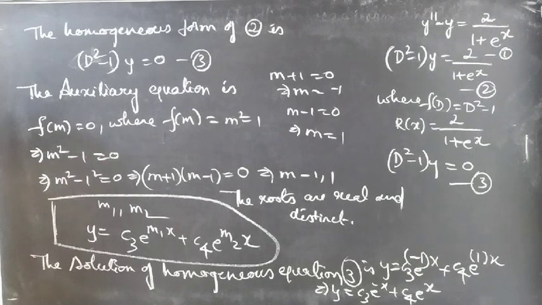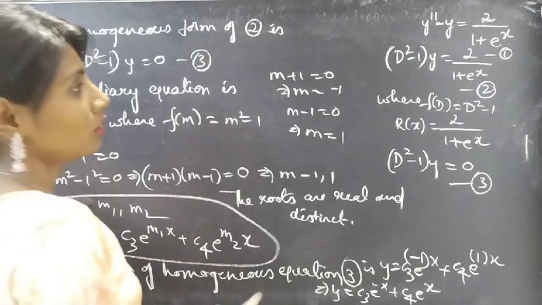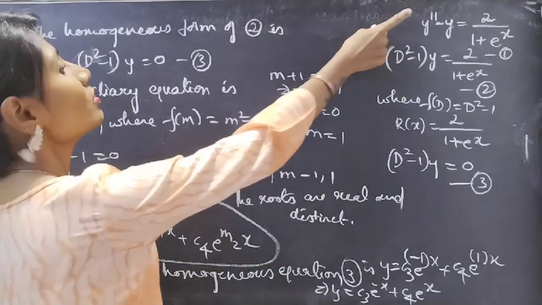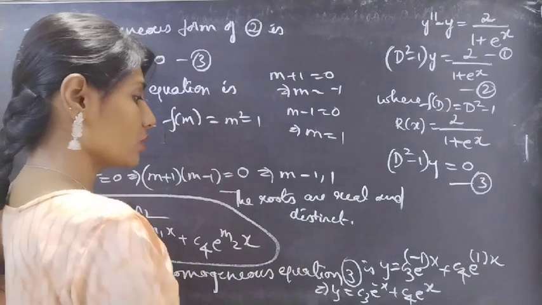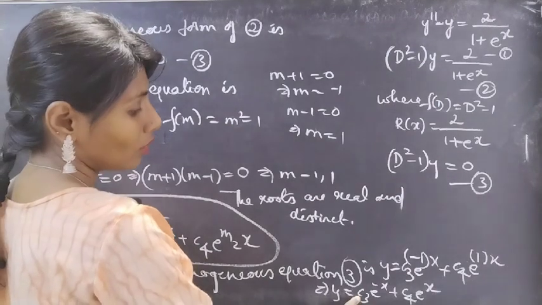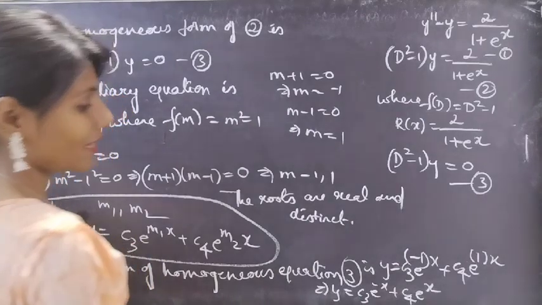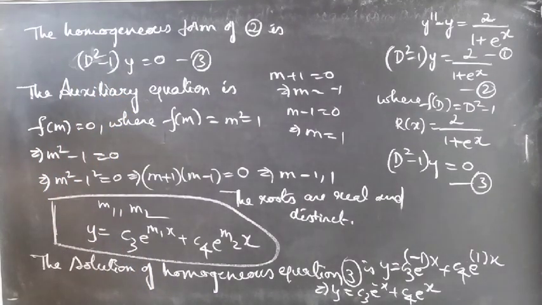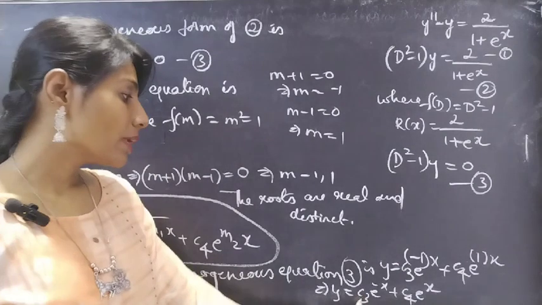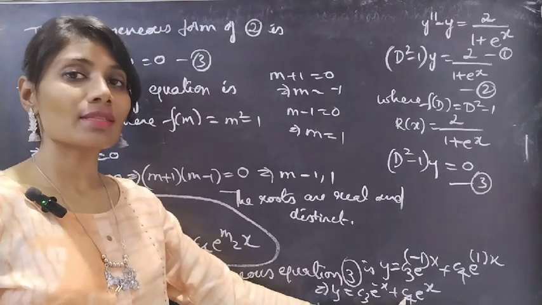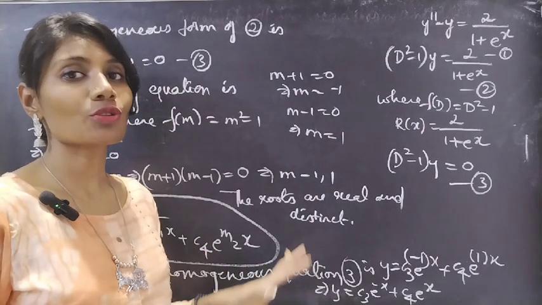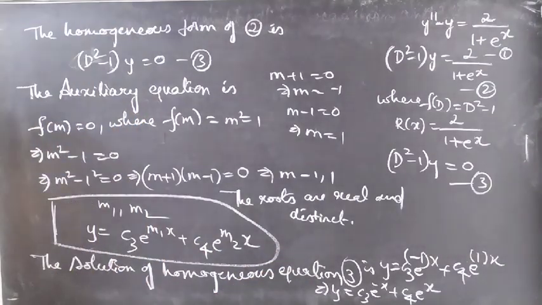Now we got the solution of the homogeneous equation, and using this we'll write the general solution of equation 1 just by replacing the constants c3, c4, or parameters, by functions of x, a and b. Now we'll just replace c3 and c4 with functions a and b. A and b are functions of x, right?